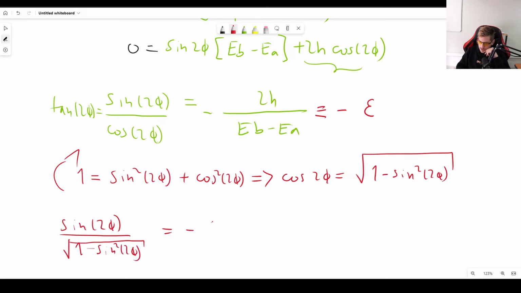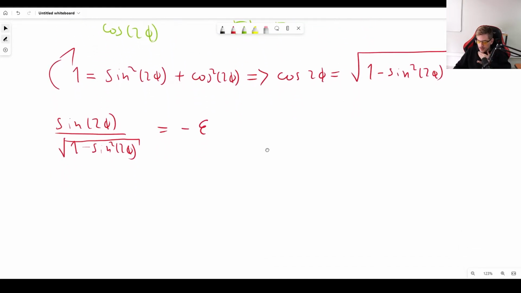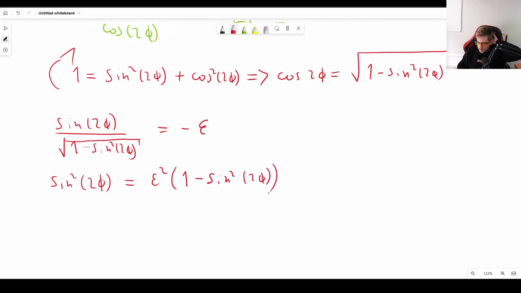This is minus epsilon. But now we can square this thing, and we can multiply the denominator. So we get sine squared of 2 phi. This is equal to minus epsilon squared, which is epsilon squared, times 1 minus sine squared of 2 phi. Now we can put all the sine squares together on the left-hand side.